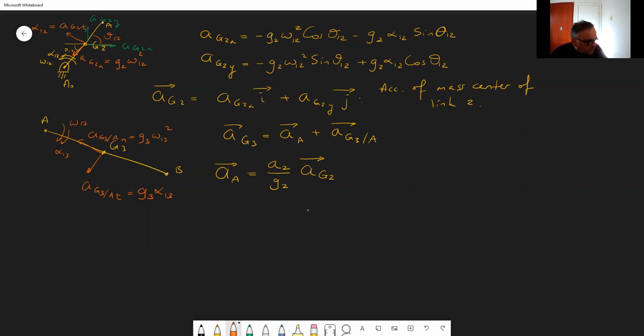Now we have this angle is theta 3. So you can use this angle if you like. You can call it beta or something. This angle will be beta. We will write the x and y components of these forces.